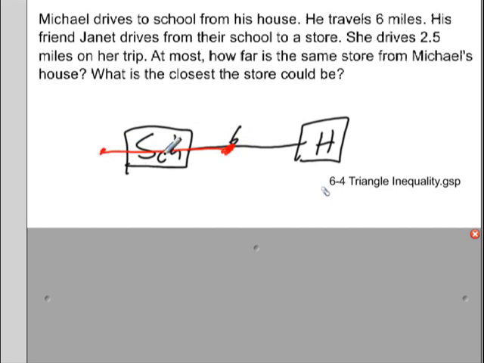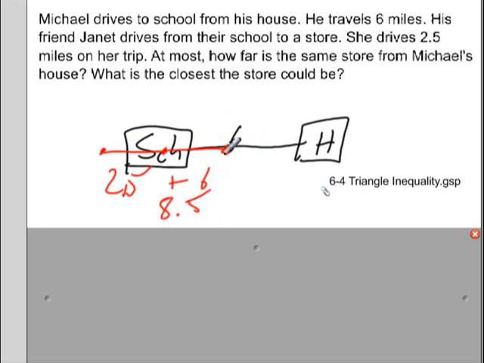So we're trying to figure out what's the furthest it could possibly be and what's the closest it could possibly be. If it went 2.5 miles away from the school in the opposite direction, you'd have 2.5 miles plus the 6 miles from the school to the house. They'd be 8.5 miles apart.